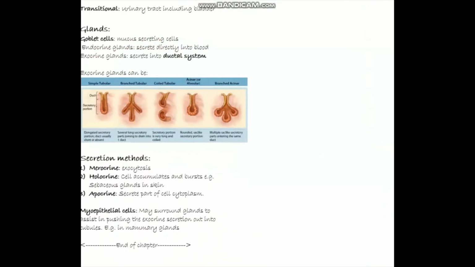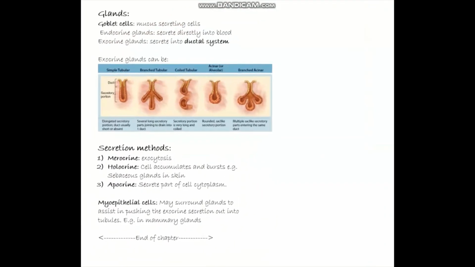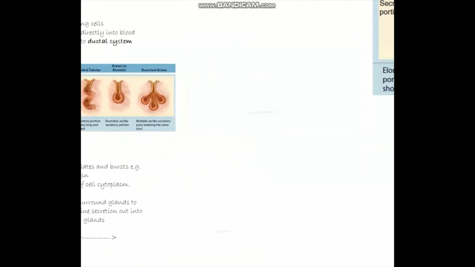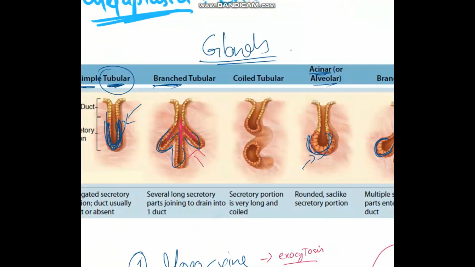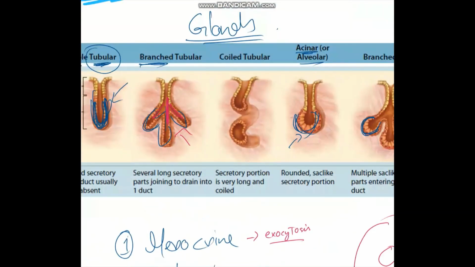Yeah, I forgot to mention that glands may be surrounded by cells called myoepithelial cells. Let me just go over here and draw a myoepithelial cell over here. So I'm drawing sort of a myoepithelial cell here. Let's assume that these blue dots are myoepithelial cells, and what they do is that they act as small muscle cells, and they contract.